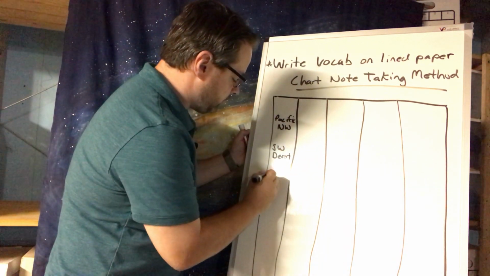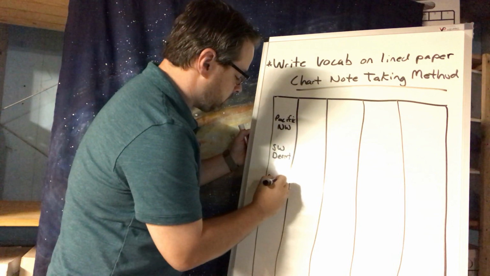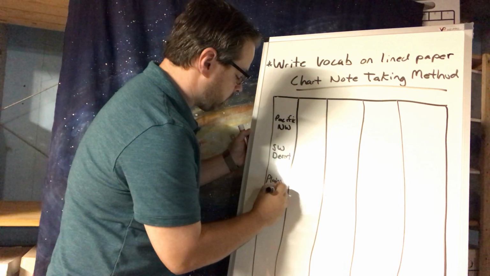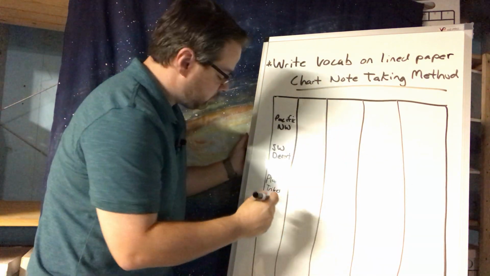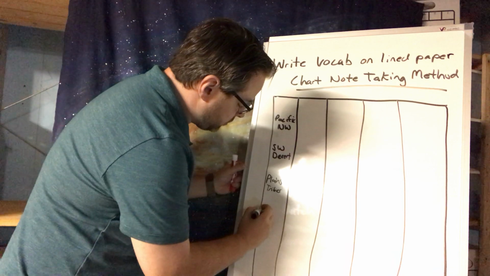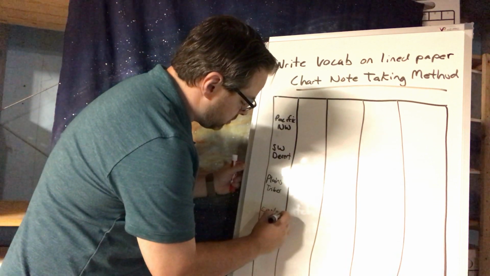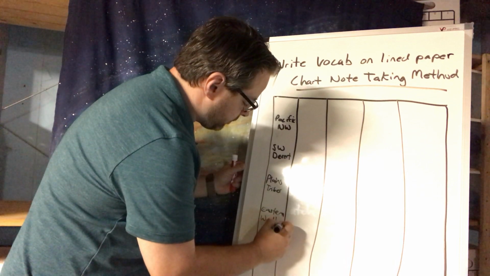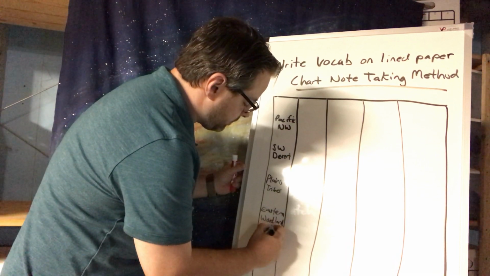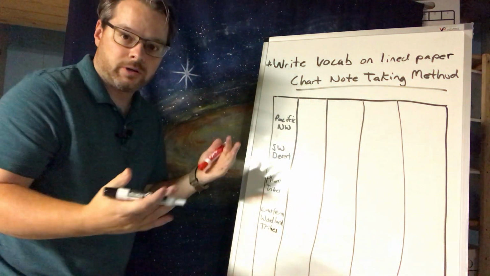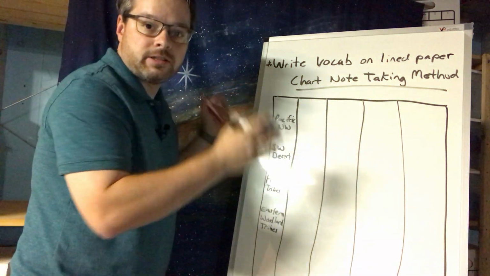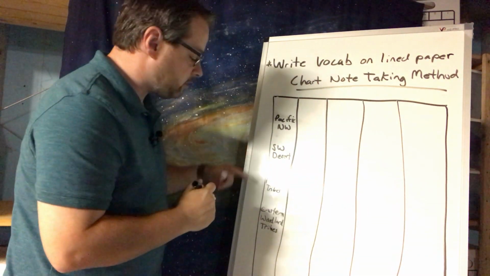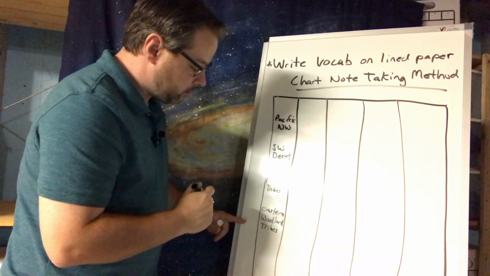Then we have the Plains tribes, or the Great Plains tribes. And then we have the Eastern Woodland tribes. Okay, so this is what you're going to put on your paper. So if you can't see it because my lighting is a little bit bad, it's Pacific Northwest, Southwest Desert, Plains tribes, and Eastern Woodland tribes.